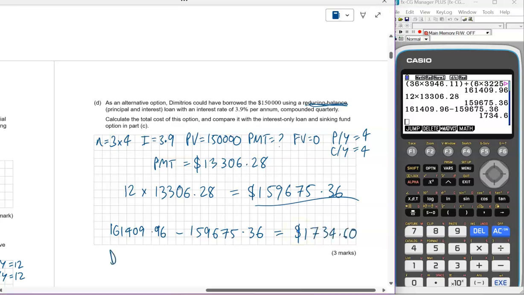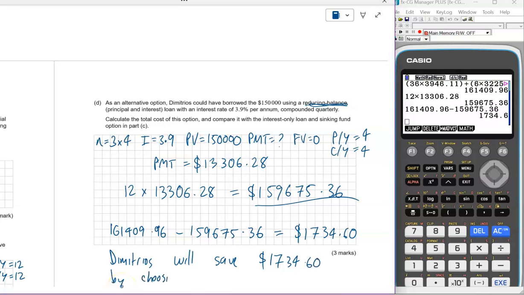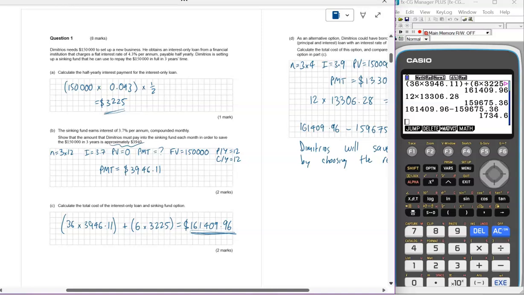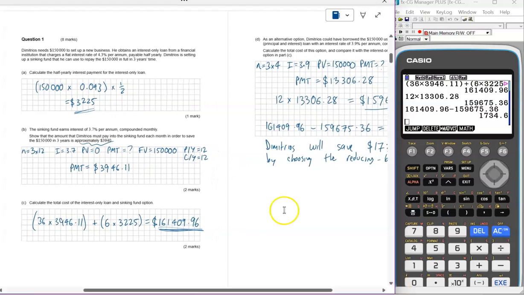So Demetrios will save $1,734.60 by choosing the reducing balance loan option. Okay, there it is. Question 1 of that General Math exam from 2018.